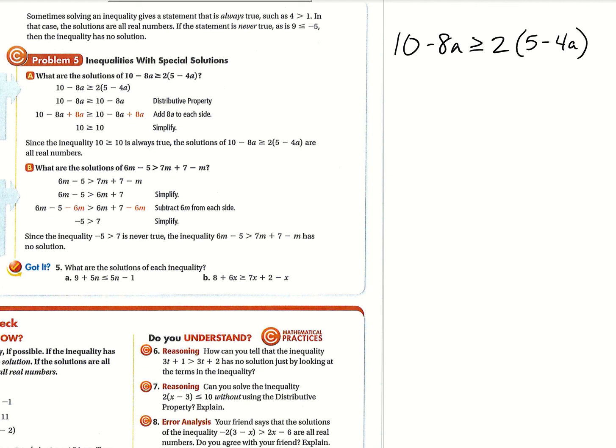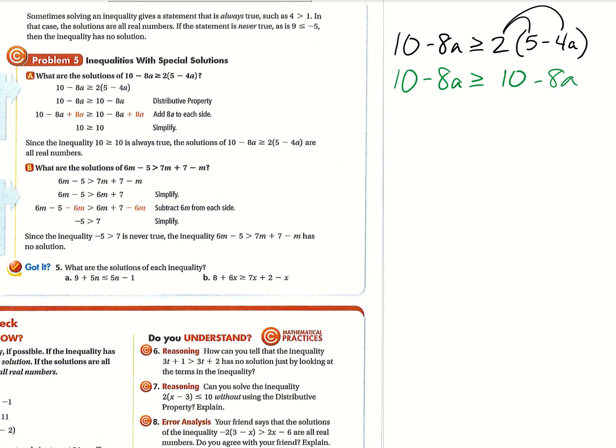All right, so once again, like we did earlier, we'll go ahead and do the distributive property. I'm going to go ahead and just write down this first half, so the left side. All right, and we have 2 times 5 is 10, and then 2 times -4a is -8a.